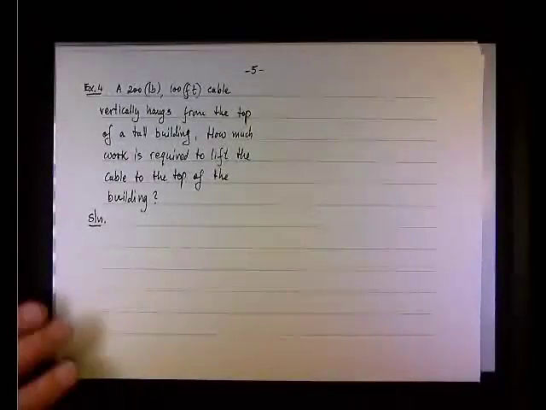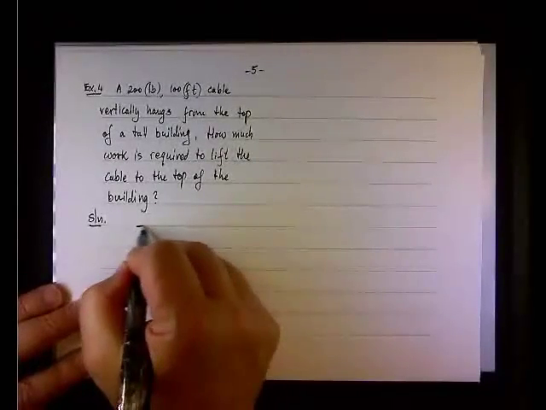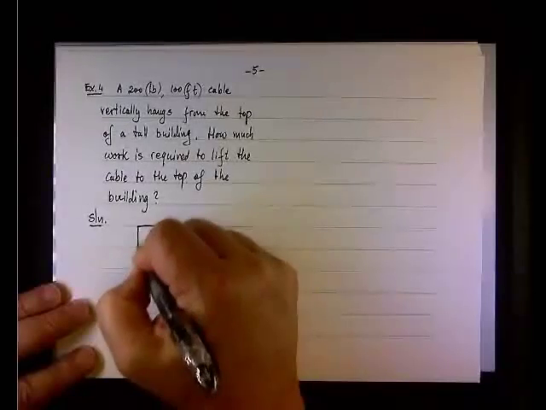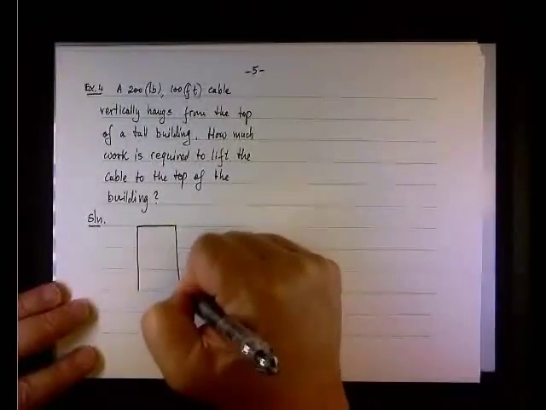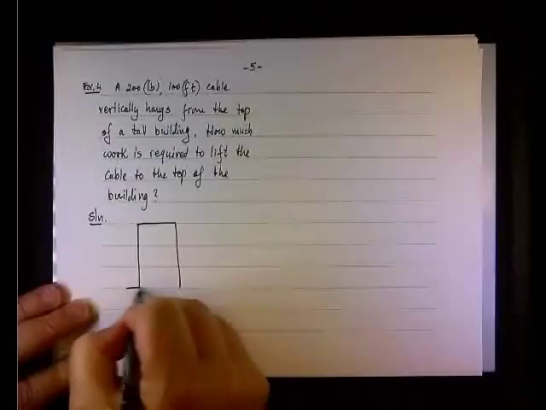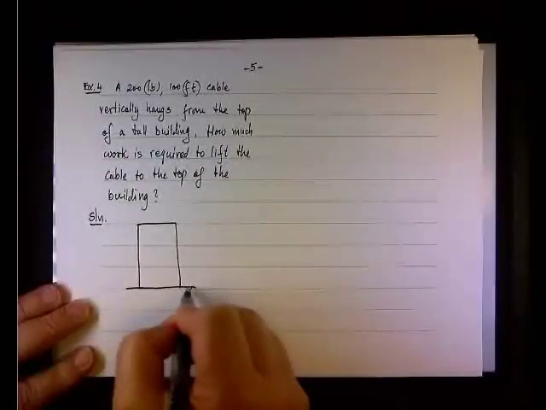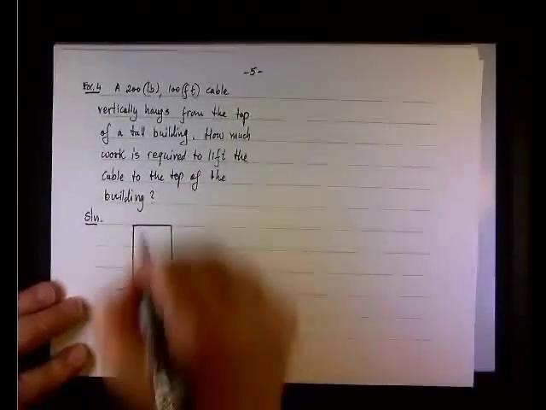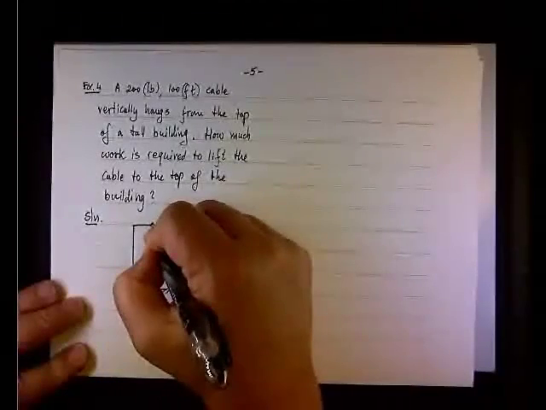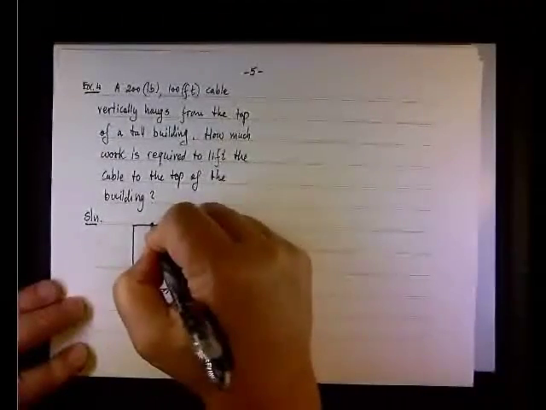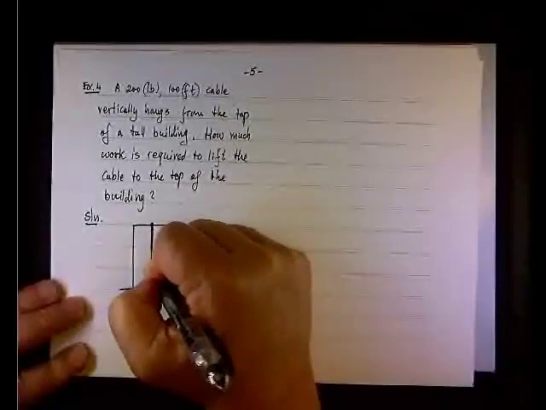Okay, so even though I didn't write it, I said that, remember, the bottom of the cable is above the ground. So the whole cable is hanging in the air, like so. So this is the tall building, and let's say the cable is hung down like so. So this is the cable.